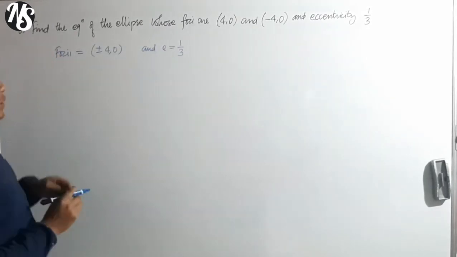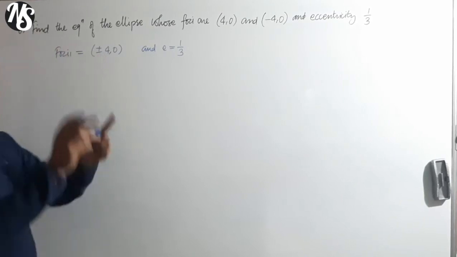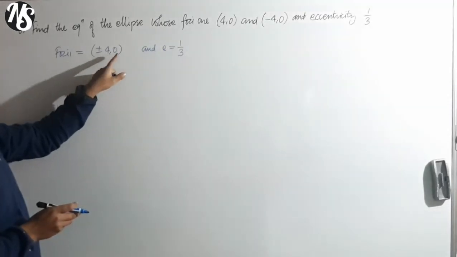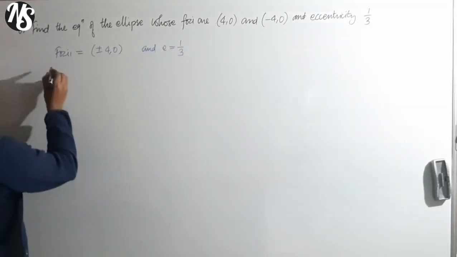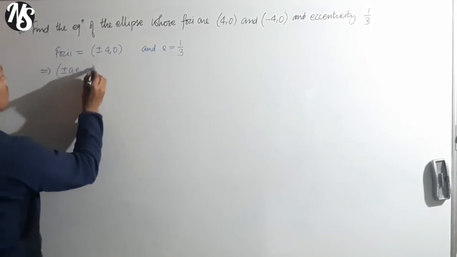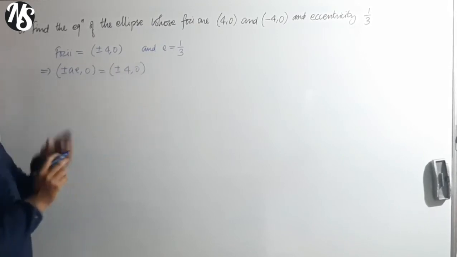Alright, now if you compare the coordinates of foci in that table, you'll find that this is plus minus AE, 0, isn't it? So this is plus minus AE, 0 equals plus minus 4, 0. Now why only this?